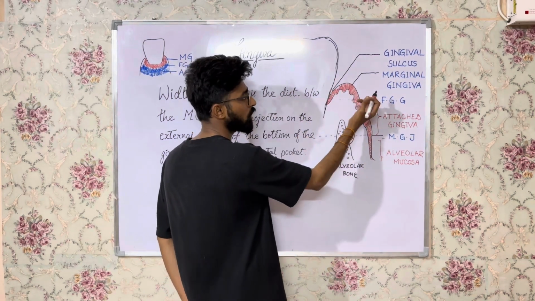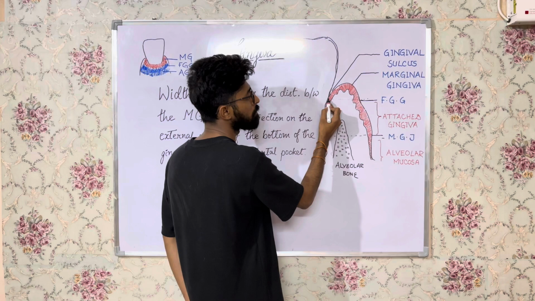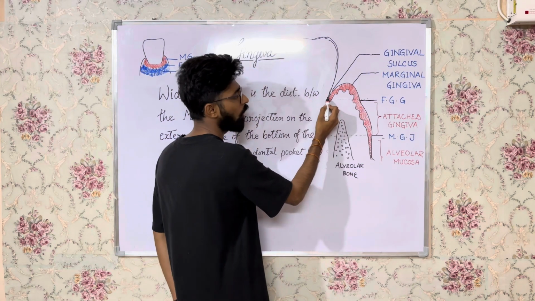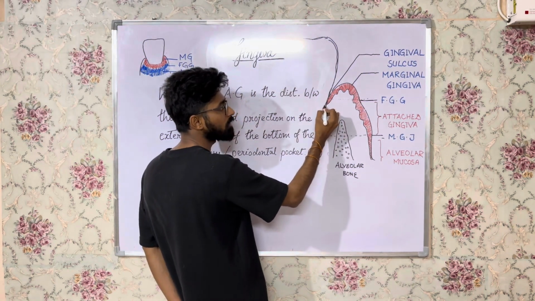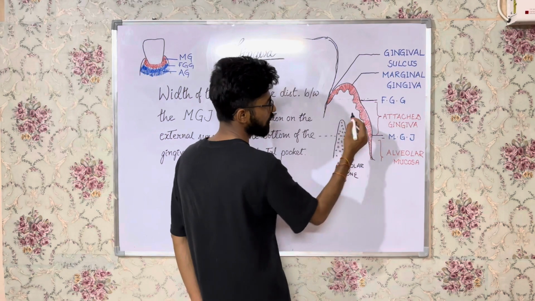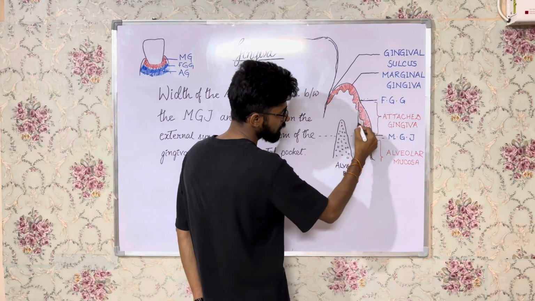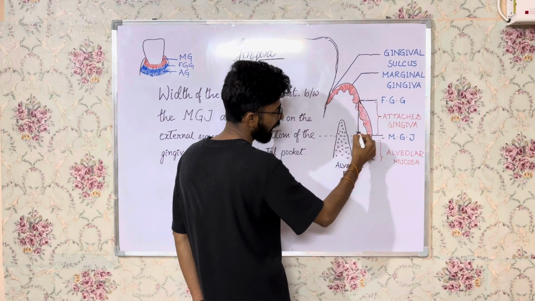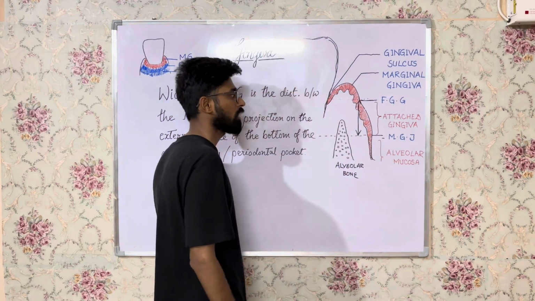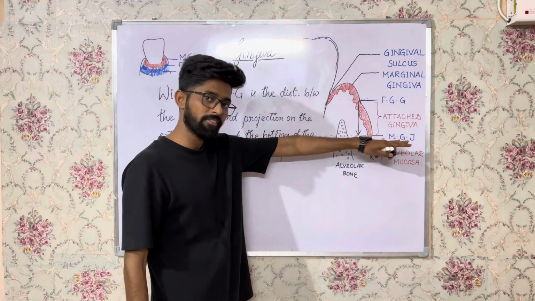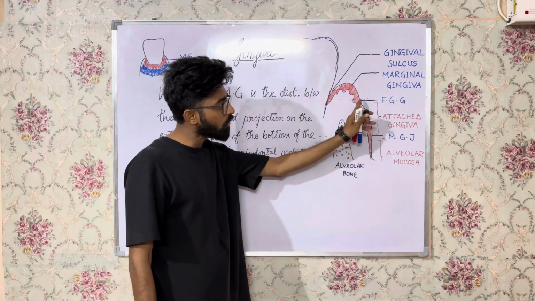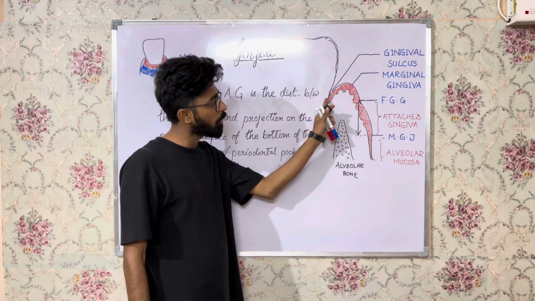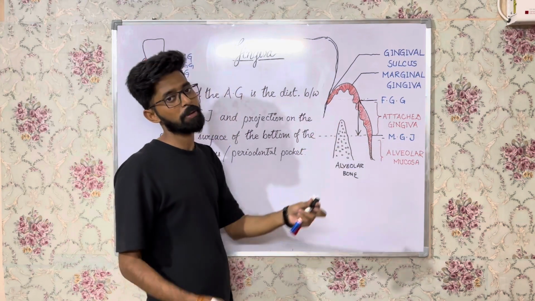So the projection on the external surface of the bottom of the gingival sulcus, or if there is a pocket, then the bottom of the gingival pocket, periodontal pocket. So this one is the width of the attached gingiva.